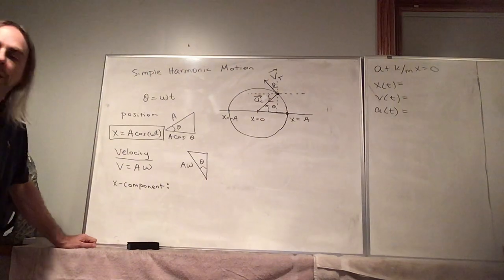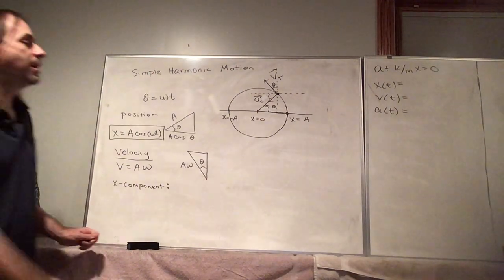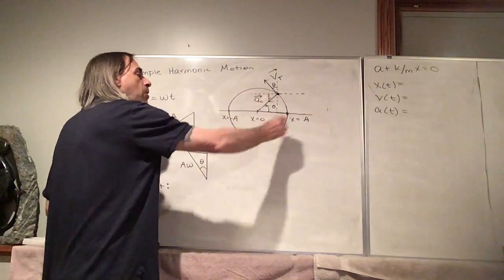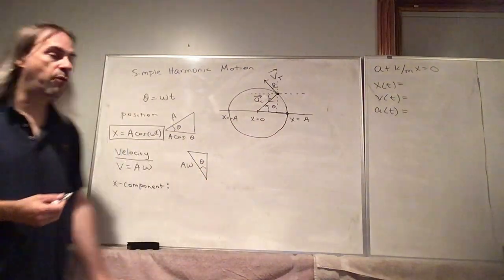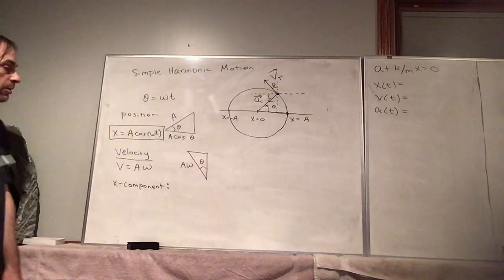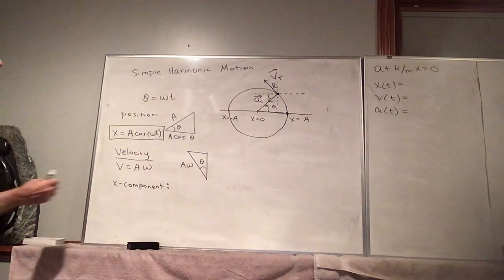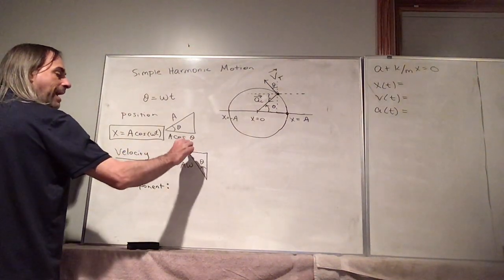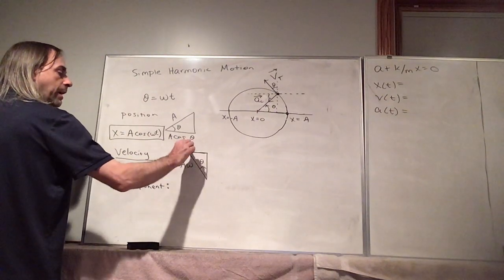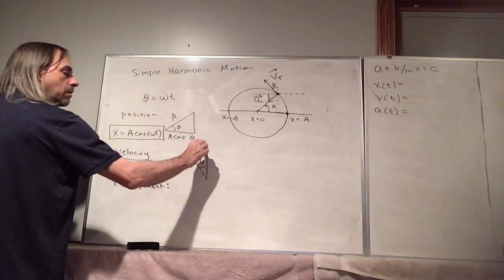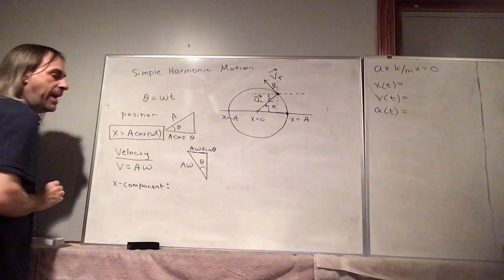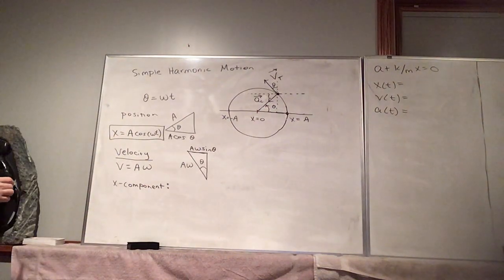The magnitude of the velocity, the speed, is not changing. We created this circle, so this particle is moving with a uniform angular velocity, which means a uniform tangential velocity, which is a omega. And so this side, the x direction, is opposite the angle. So we have a omega times sine of theta.